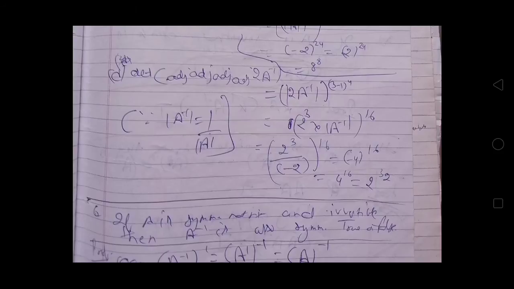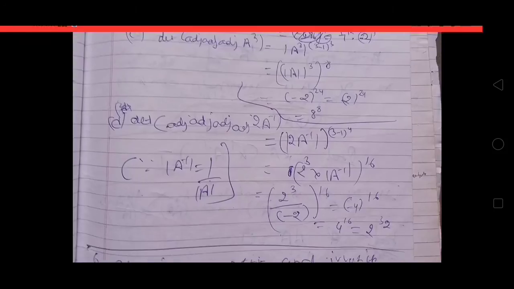This will be equal to 2 raised to the power 3 divided by minus 2 whole raised to the power 16, because we know that determinant of A inverse is equal to 1 by determinant of A. Now this will be further equal to minus 4 raised to the power 16, and this will be further equal to 4 raised to the power 16, because we know that minus 1 raised to the power 16 is equal to 1, and this will be further equal to 2 raised to the power 32.